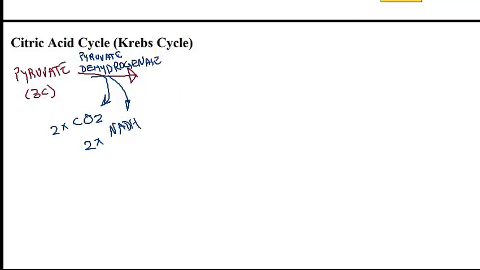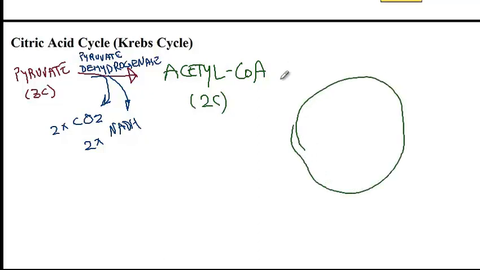Now the product of this decarboxylation is acetyl coenzyme A, which is a 2-carbon molecule, and now this acetyl coenzyme A can enter the citric acid cycle. And so here we have the oxaloacetate, which is a 4-carbon molecule.